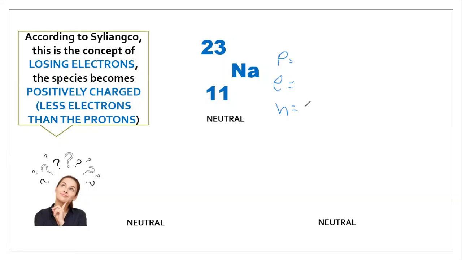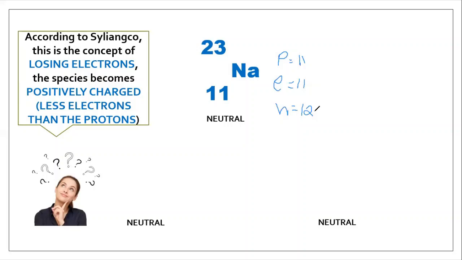Kasi ang sabi natin, 23 ang mass number natin at ang 11 ay ang ating atomic number. So therefore, our protons will be 11, electrons 11, and neutrons 12. This is a neutral atom.